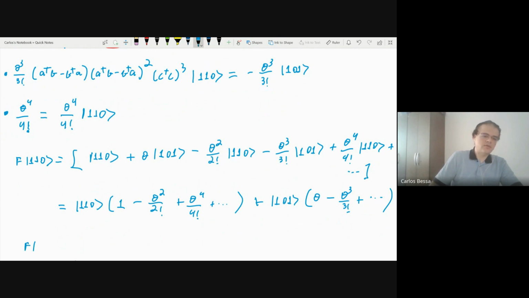So f 1, 1, 0 is this cosine of theta times 1, 1, 0 plus sine theta times 1, 0, 1. And theta here, remember, is psi over 2.